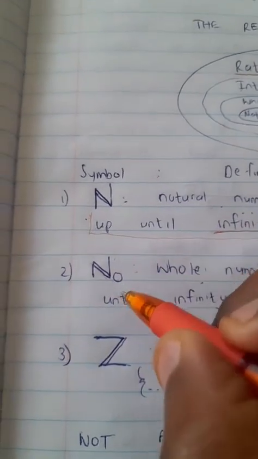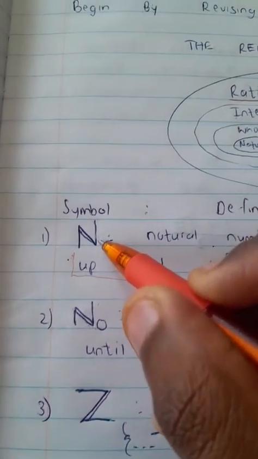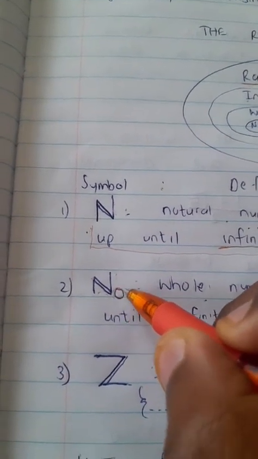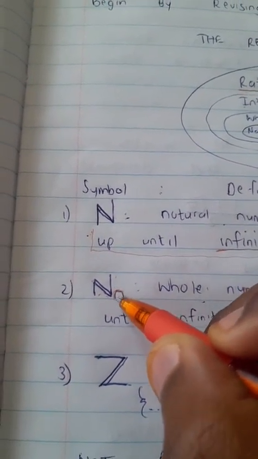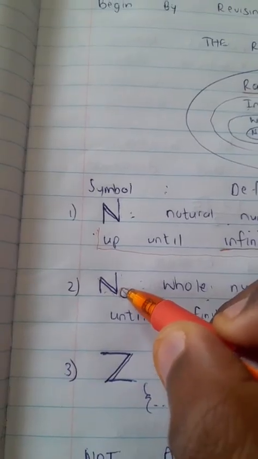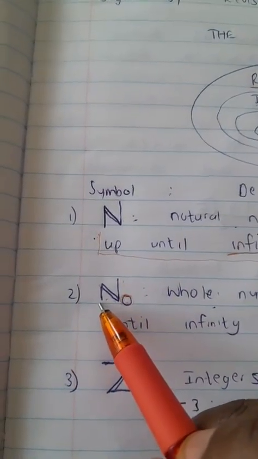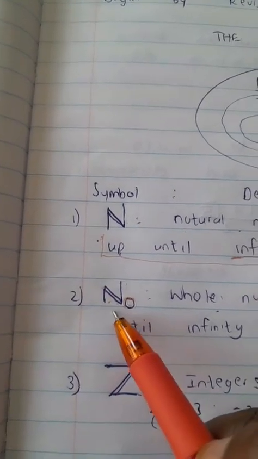But the only distinction is that instead of just being a standalone N, there's an N with a 0 as a subscript, okay? In other words, the 0 is written just slightly below the N. All right. So this is a symbol that denotes whole numbers.